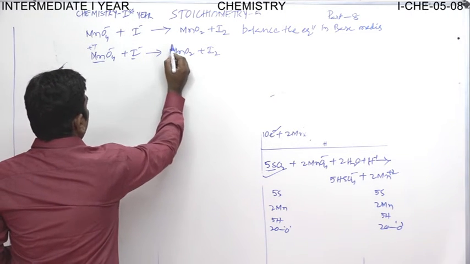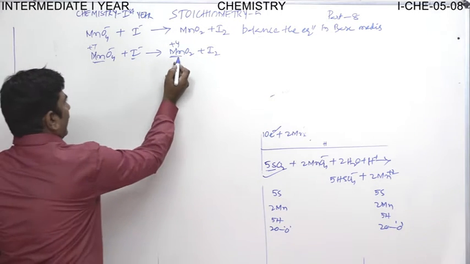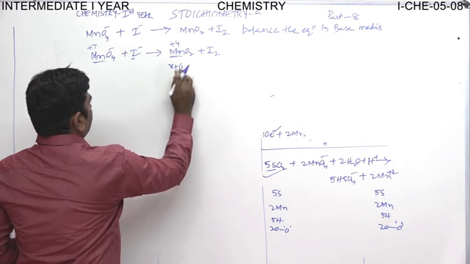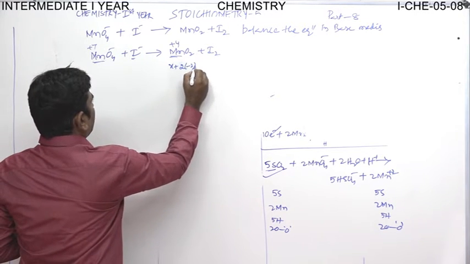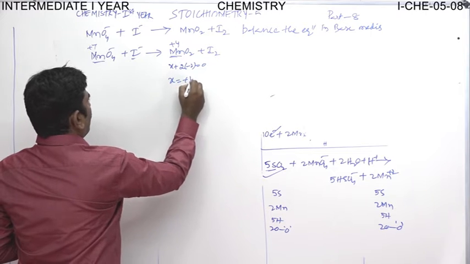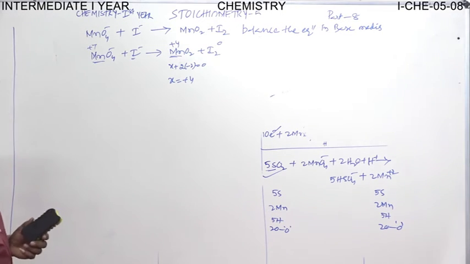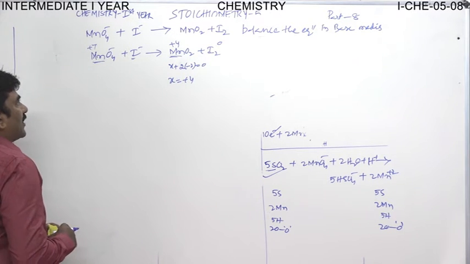Plus 4. Manganese we don't know, x: x plus 2 into minus 2 is equal to 0. Therefore x is plus 4. Iodine oxidation state is 0.